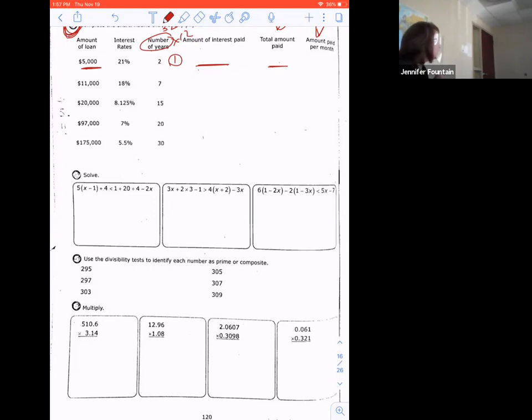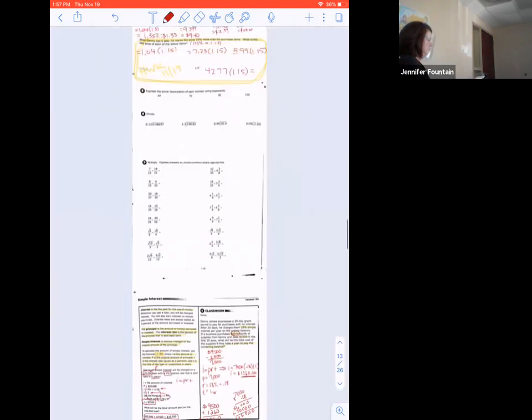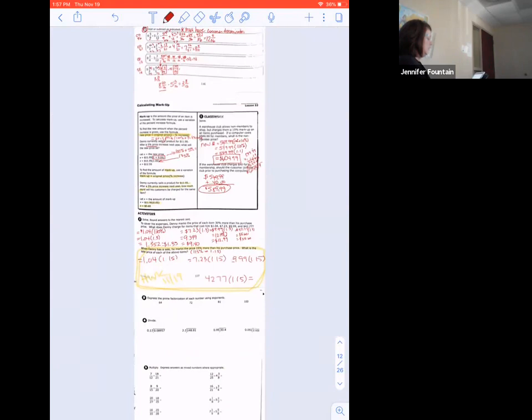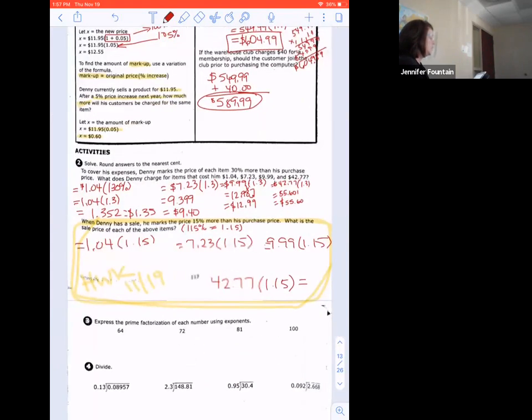So your homework that we will go over when we are virtual week after next, the first homework that we will go over is, I said it would be this, the bottom of activities 2 on page 117.